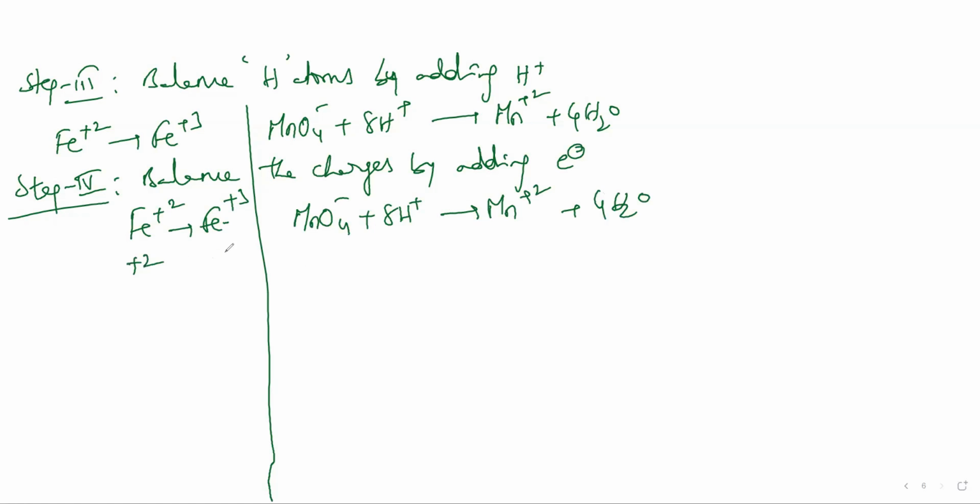Here plus 2, here plus 3; here minus 1 plus 8, and plus 2, with the arrow considered as 0. So plus 2 on one side, plus 3 on the other; on the other equation minus 1 plus 8 is plus 7. In both cases you are getting positive charge. Add electrons on the same side.